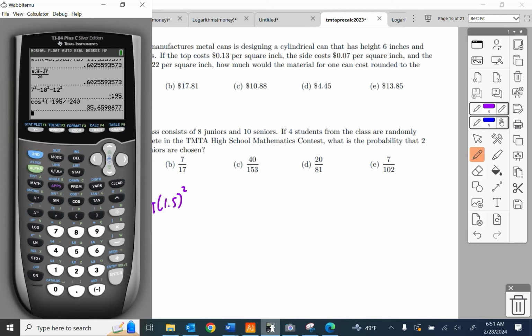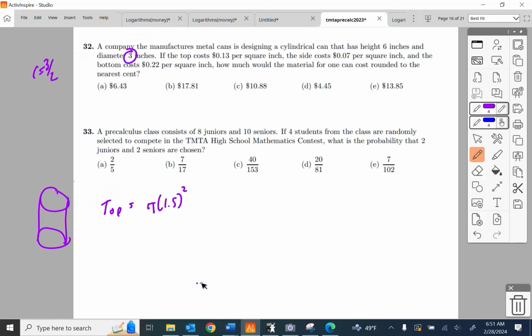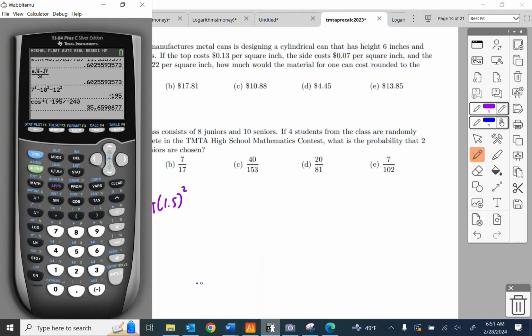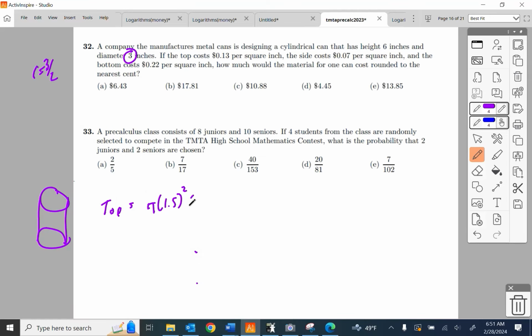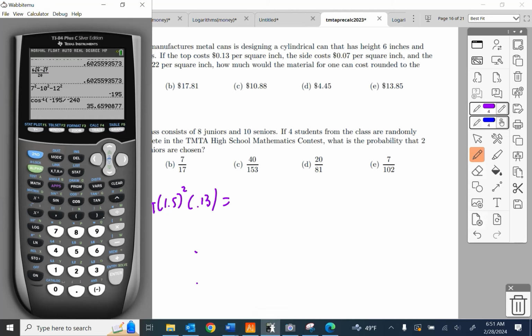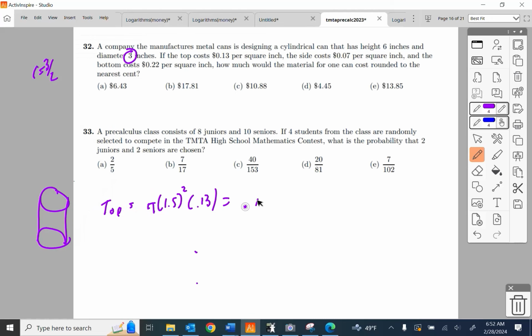Everything's in inches, cool. So we have area times the cost. I'm just going to put the cost here, times 0.13. The top costs 0.9189 dollars.